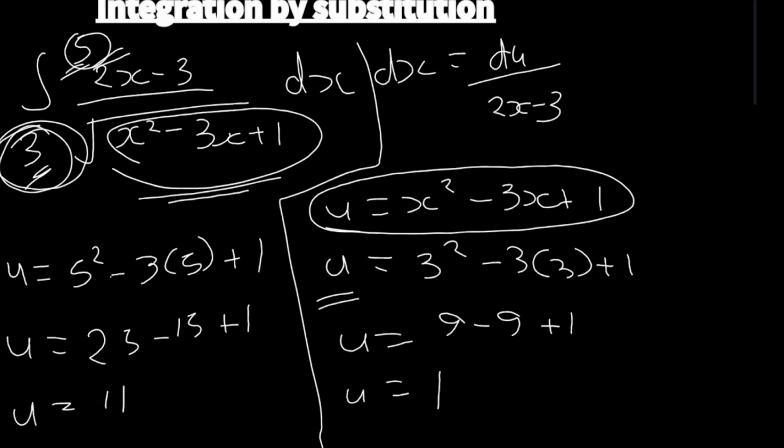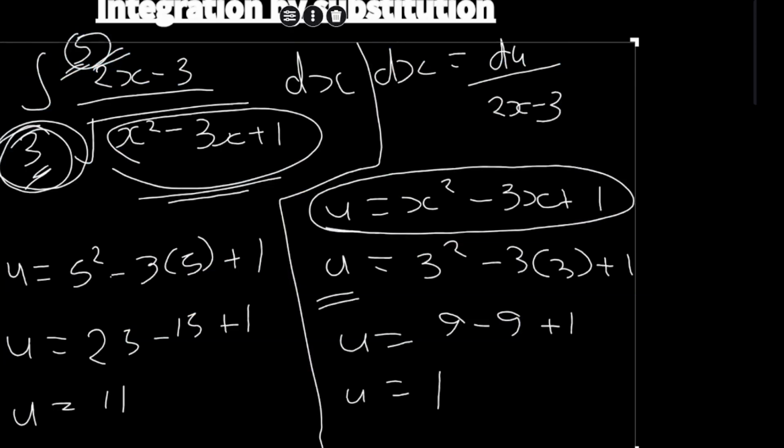Now we can substitute everything into our original integral. That will be the integral from 1 to 11 now, not 3 to 5, but 1 to 11, when everything now becomes compatible with u.